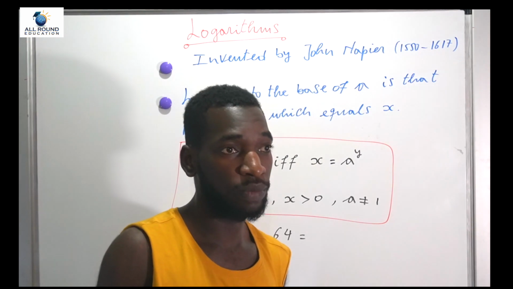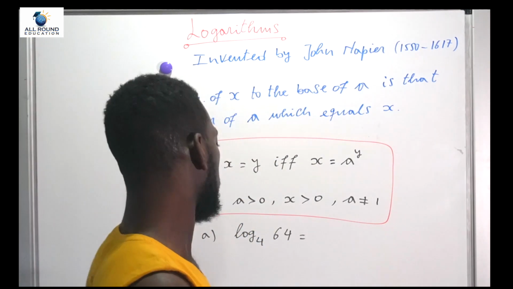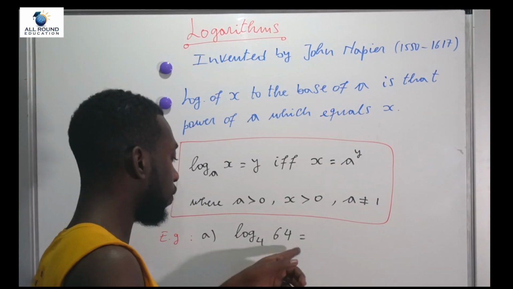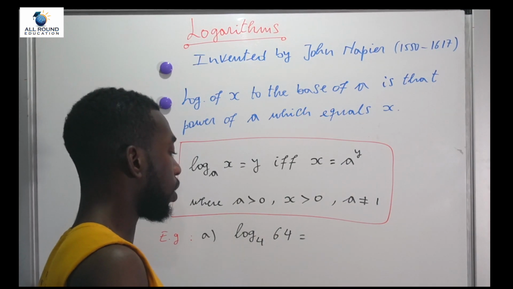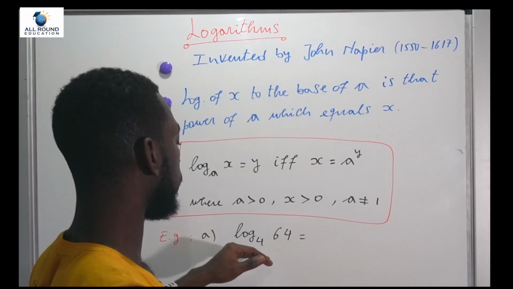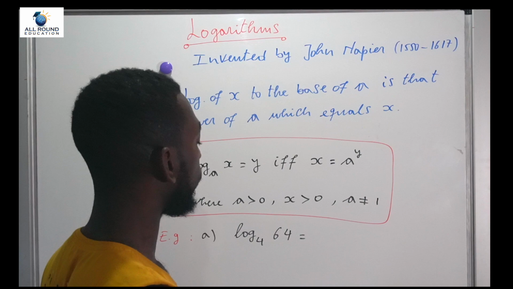And there are some useful equations on this. Now, with the first one, you have got log of 64 to the base of 4 equals what? It's crucial to know how to read this, because it will give you an idea on how to solve them.